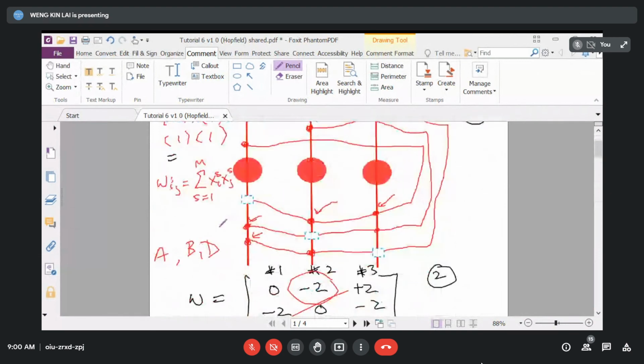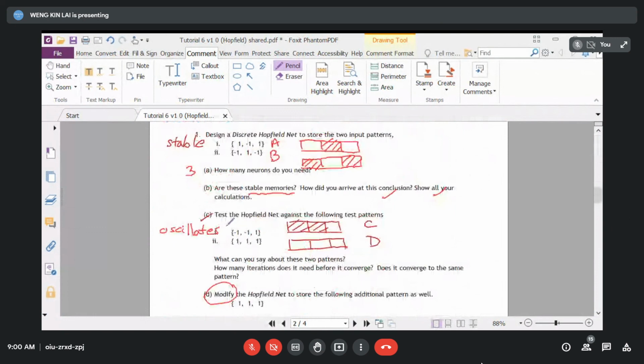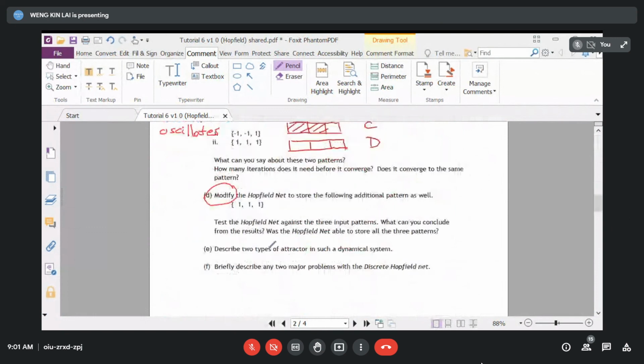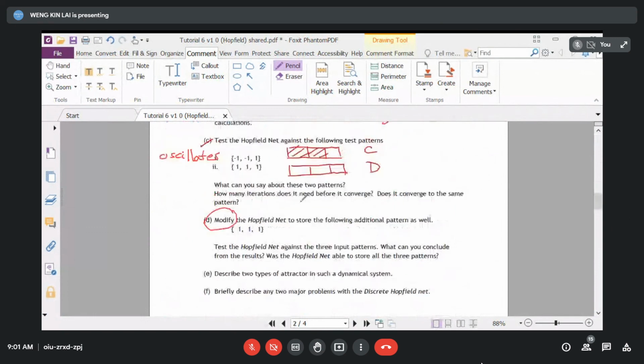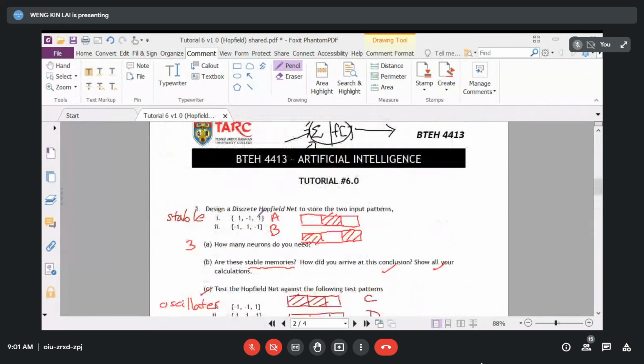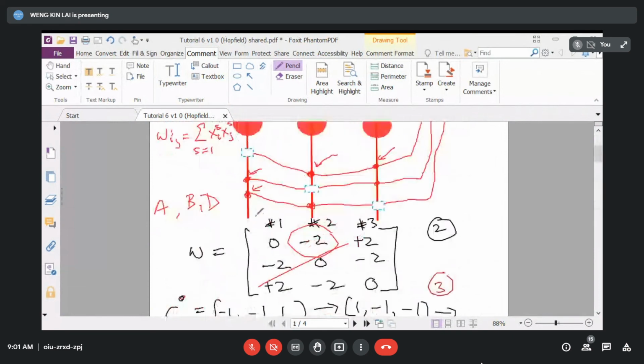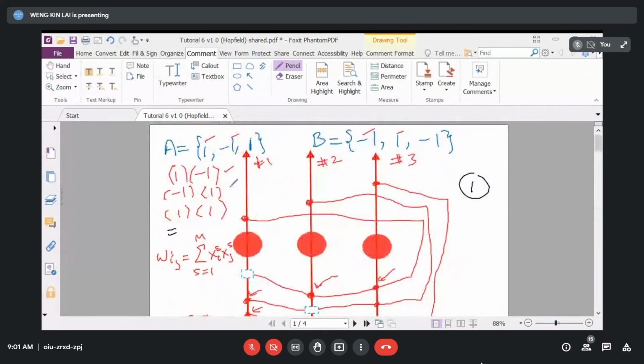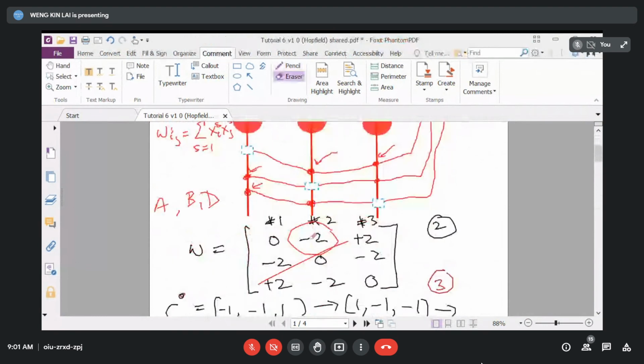Here, modify this, include additional pattern, right? 1, 1, right? So what I get? I get the minus 1, minus 2, and then 1 together, minus 1. So this one will change to become a minus 1. The same applies to all this. You have to change all this.